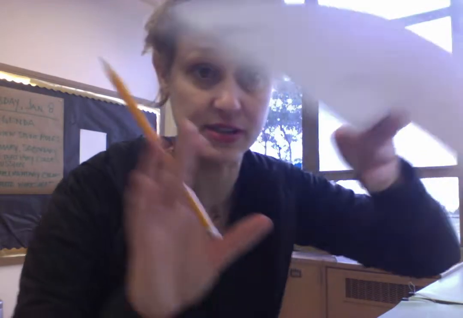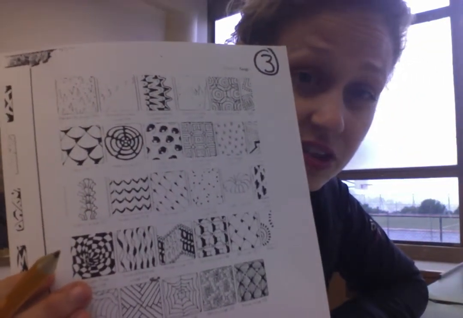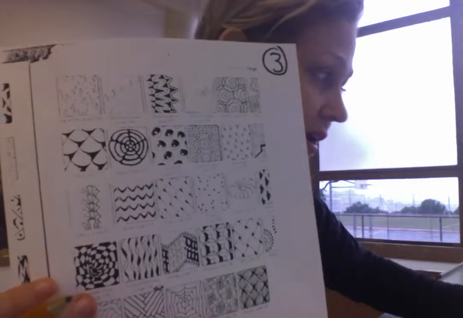Lines and shapes are elements of art, which we'll talk about later. Once you have that definition written, there are two ways to do a Zentangle. The first way is that you can look at your references. On your table, you have some references that look like this that just give you the idea of what you might create.